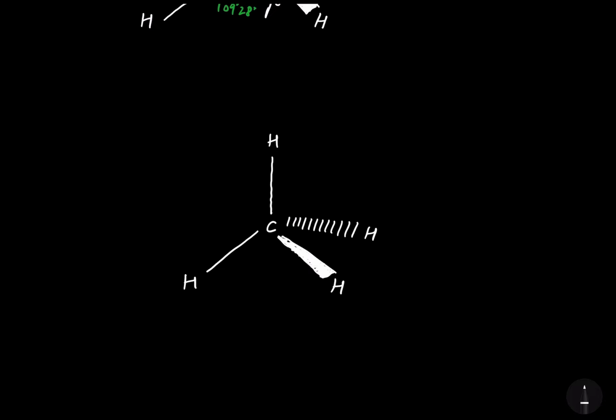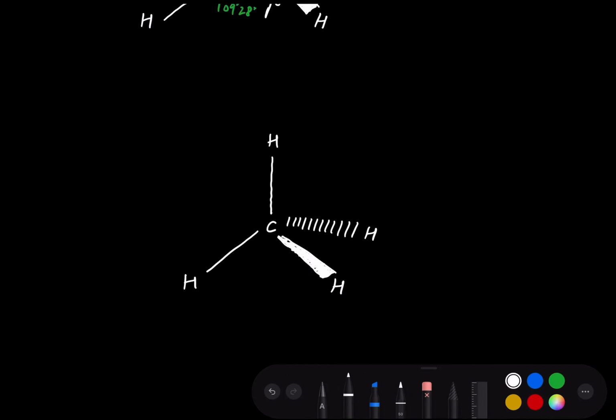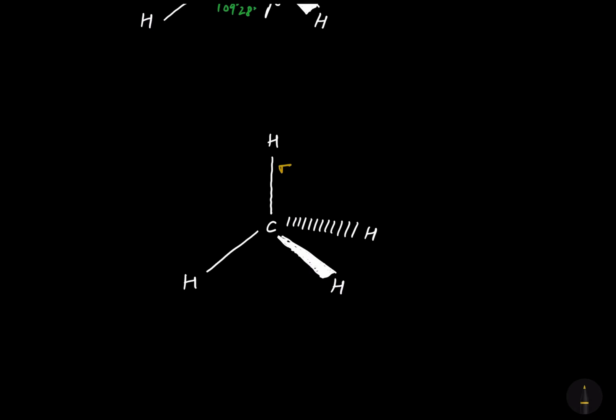Now from hybridization, what we have proved is that all the bonds are of equal strength. That means all are sigma bonds of type s-sp3, formed between hydrogen and carbon. So all four bonds are of equal type.